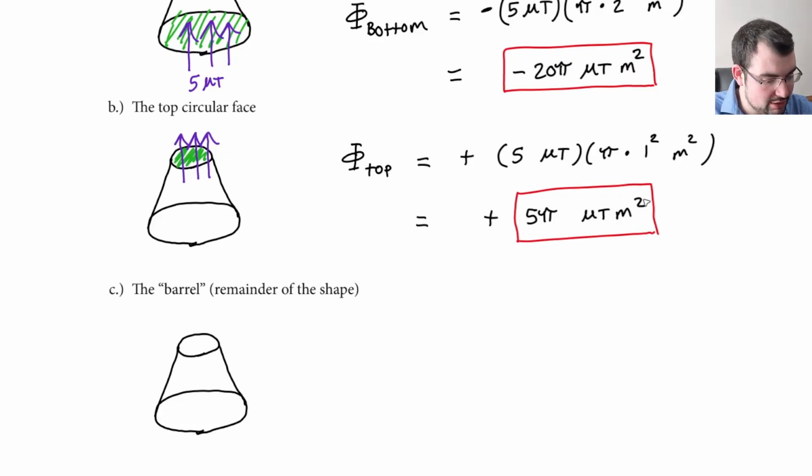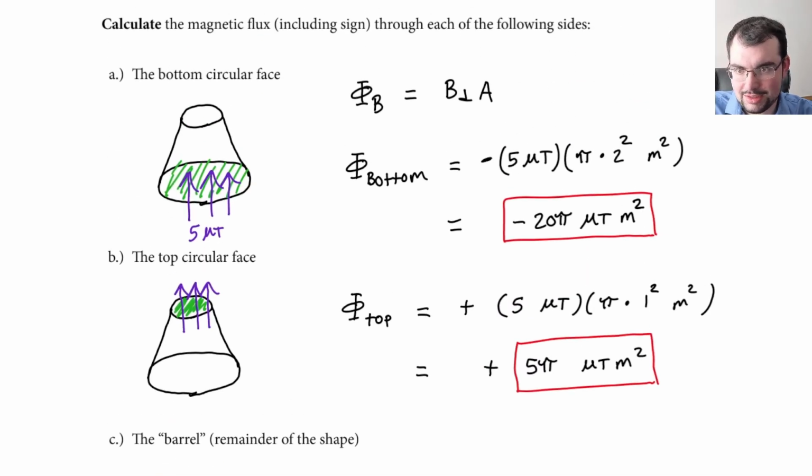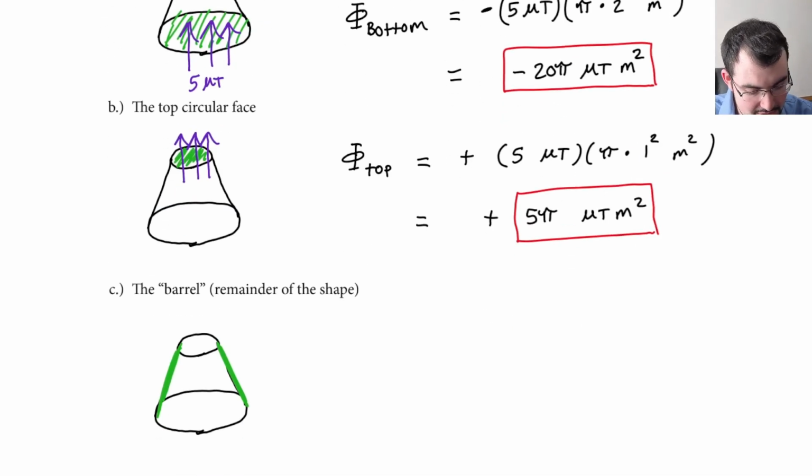And last we got the barrel, which is these sort of edges. So we can't just, well, also I don't even know the area of the barrel, so that's not helpful. So there must be another way, and there is. Because what does Gauss's law say? Gauss's law says there can be no net flux in or out of this cup.